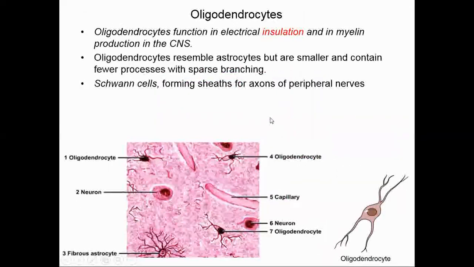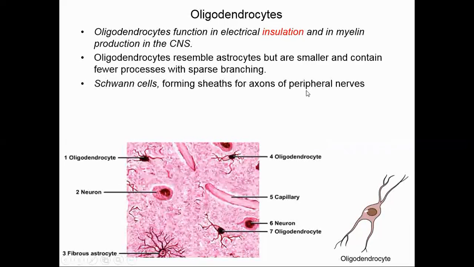Oligodendrocytes, oligo means less, so the processes of the oligodendrocytes are less in number, and they are responsible for the myelination and the insulation of the central nervous system. They almost look like astrocytes, but they have fewer processes. So myelination is done by the oligodendrocytes in the central nervous system.